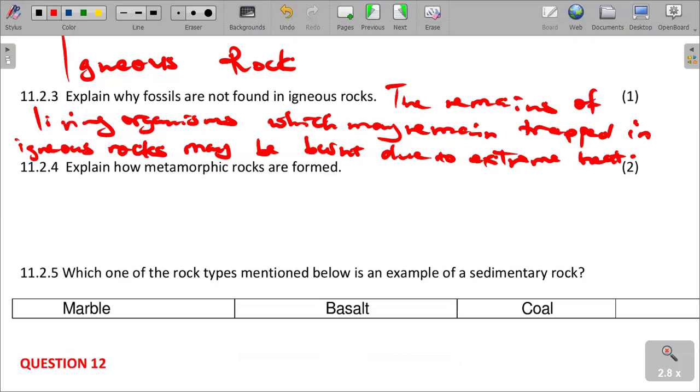And then explain how metamorphic rocks are formed. Metamorphic rocks are formed when rocks are subject to high pressure and high temperatures.